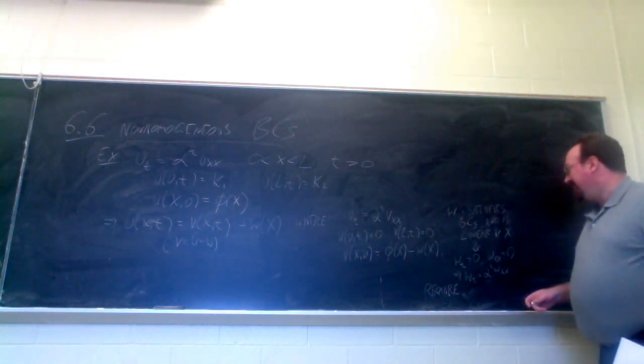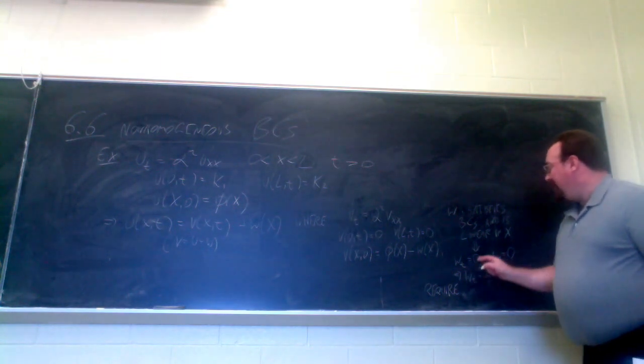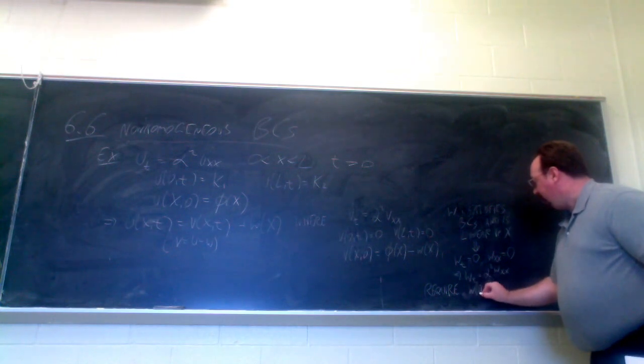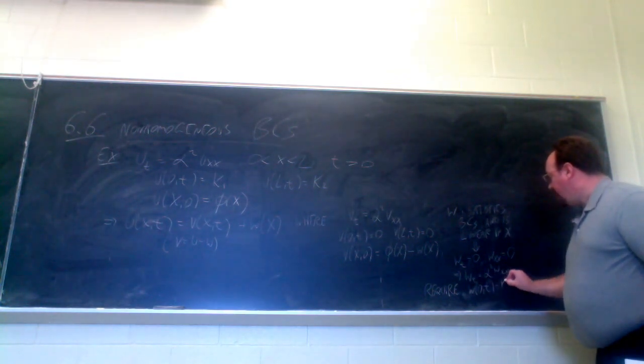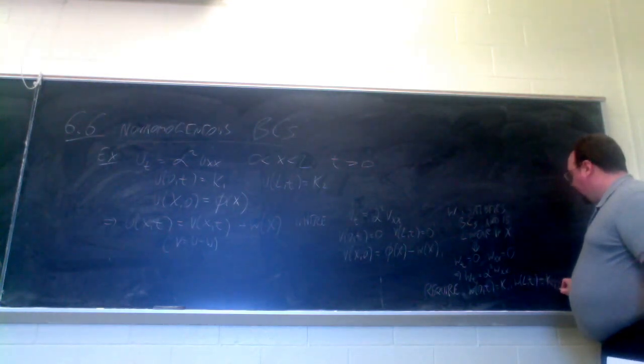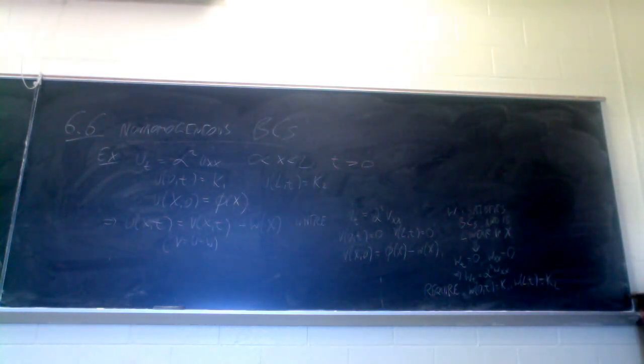Okay. So, we require W to satisfy the same boundary conditions as U. So, W of 0, t is equal to K1. W of L, t is equal to K2. All right.